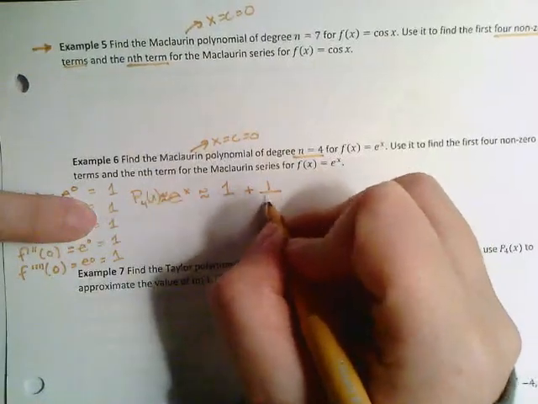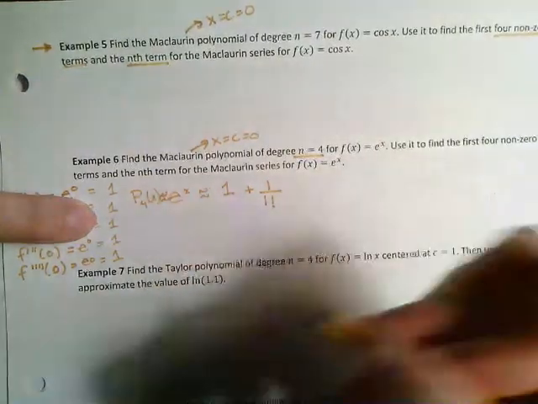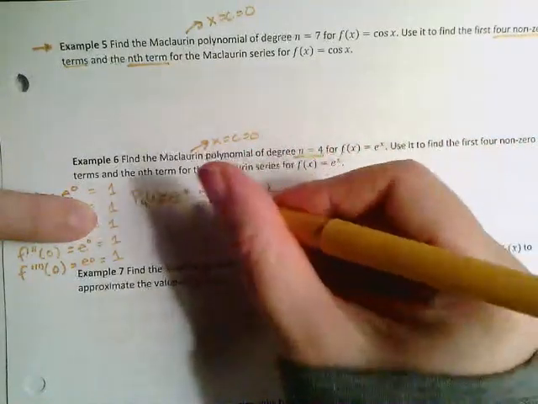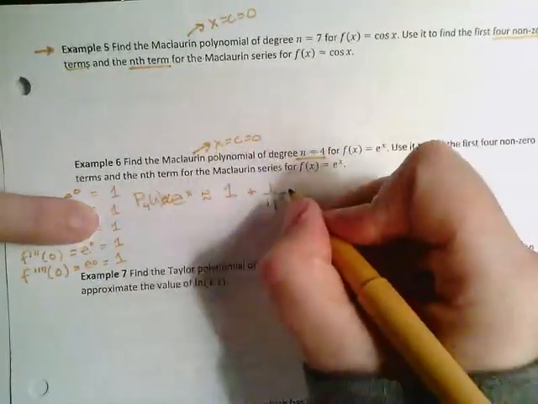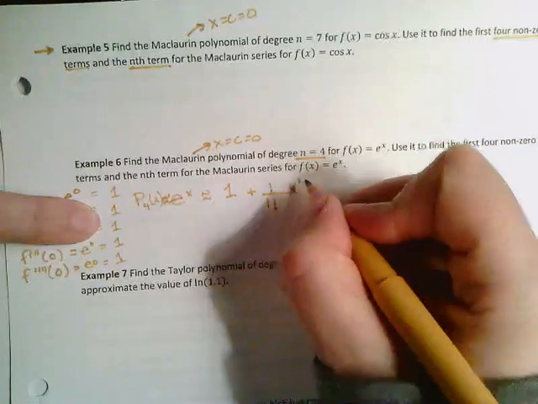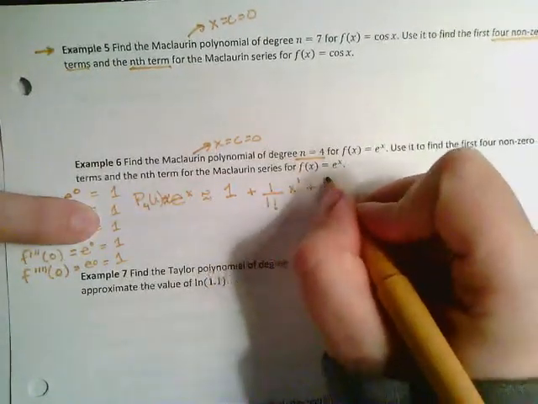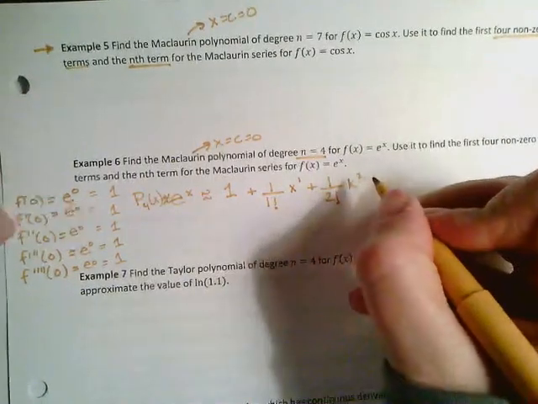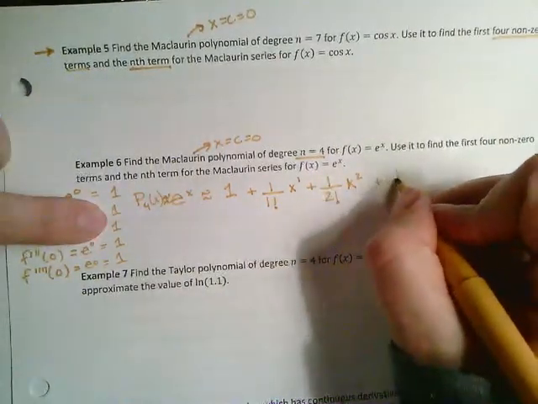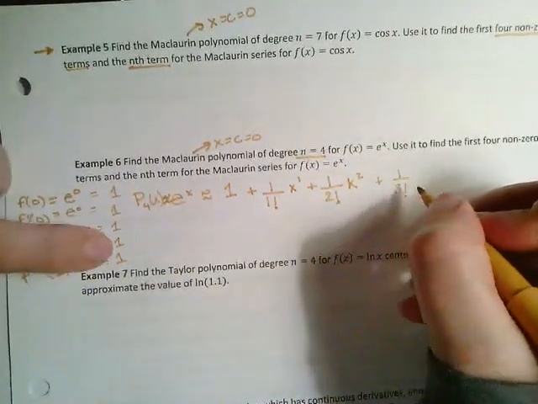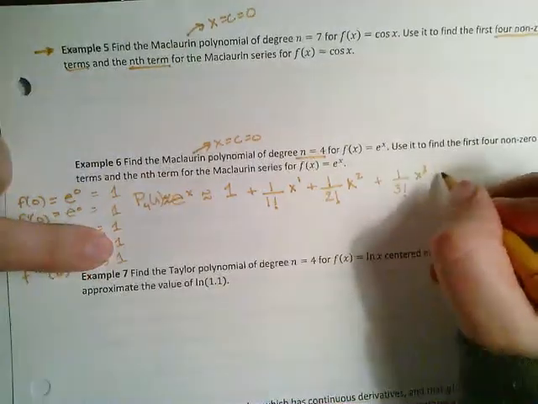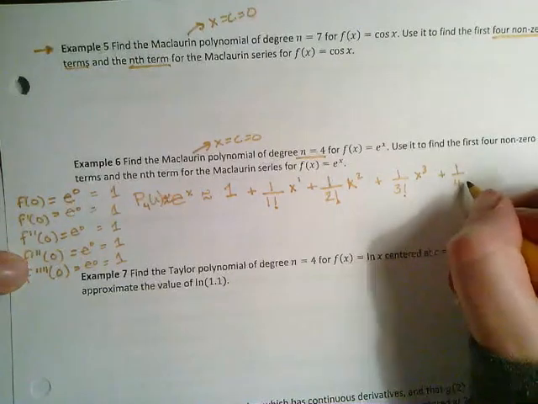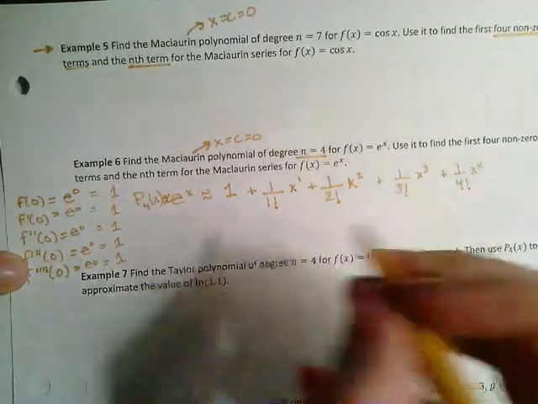Technically it's over 1 factorial, but we don't really write it, so just keep that in mind. It kind of helps with remembering the formula. Times x to the 1, right? Plus 1 over 2 factorial times x squared, that's for the second derivative, plus 1 over 3 factorial, that's for the third derivative, times x cubed, plus for the fourth derivative, 1 over 4 factorial x to the 4th.